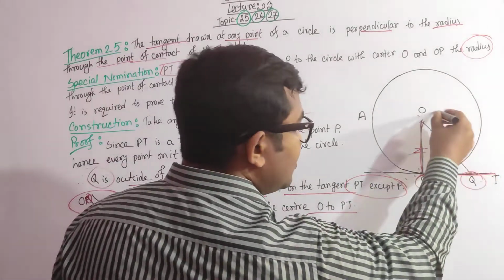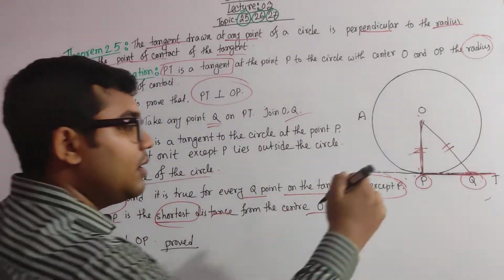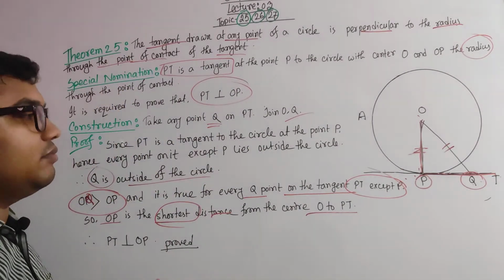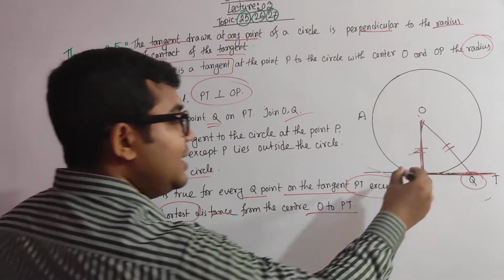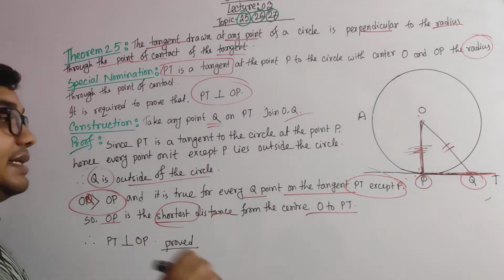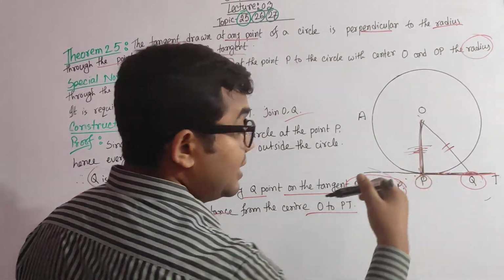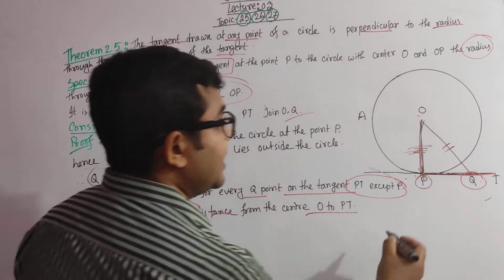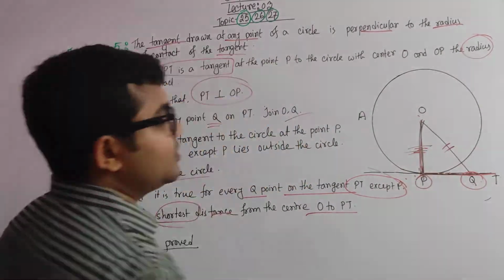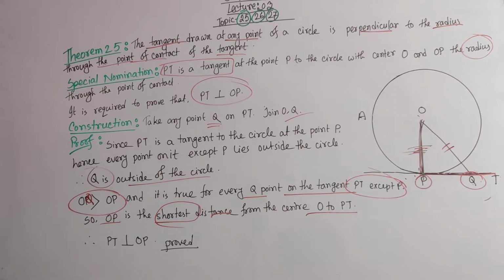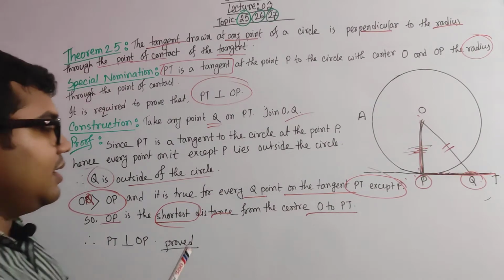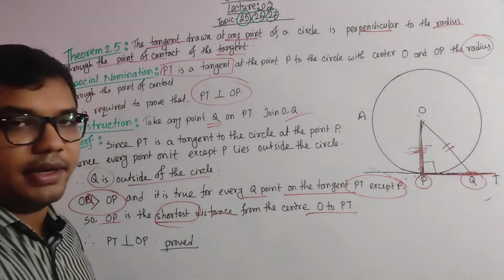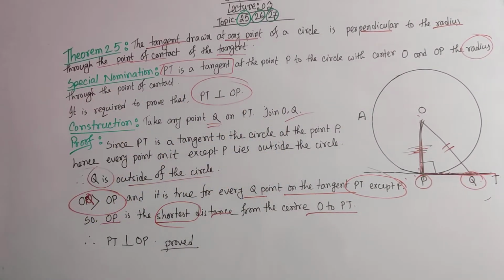That means the distance OQ must be bigger than OP. So OP is the smallest distance, and that's why we can say PT and OP are perpendicular, that means they create a 90-degree angle. Okay, thank you. So this is our theorem number 25.